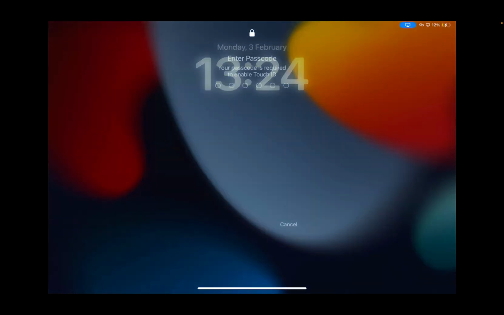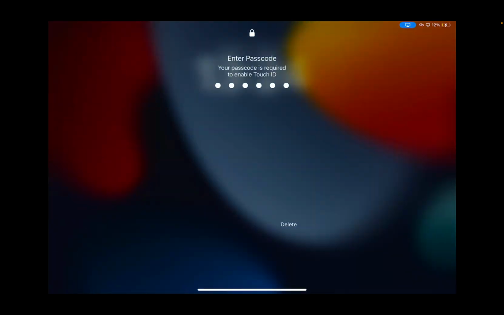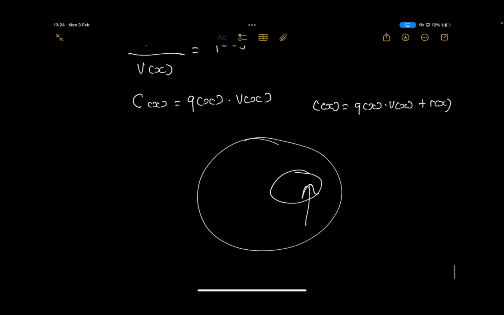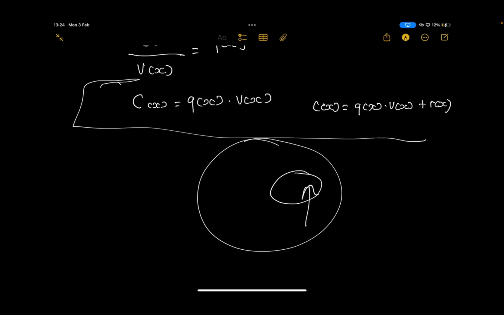Let me just answer. Basically, everything here is people. So pay attention. The polynomial commitment scheme is basically what this is based on.